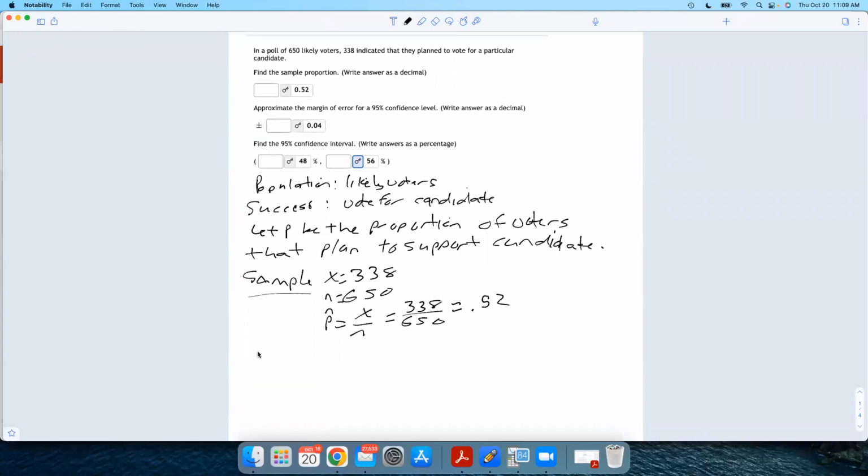So the first thing we'd want to find is our standard error, square root of P hat, Q hat over N. So we're going to have to find Q hat, but that's always 1 minus P hat. That would be 0.48. And N was 650.